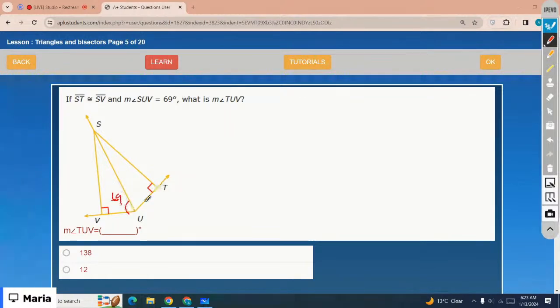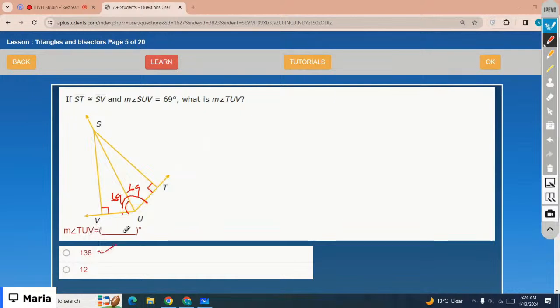You have to calculate TU to calculate this complete angle, right? Basically, US divides them into two equal parts. If this one is 69, this one is also 69, right? You need to calculate the complete angle, so you need to add 69 and 69.